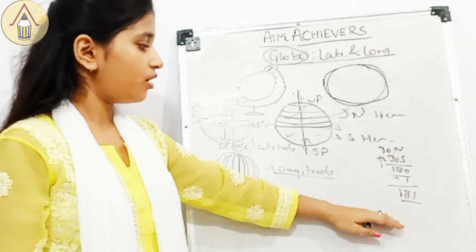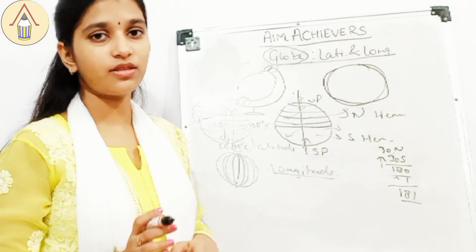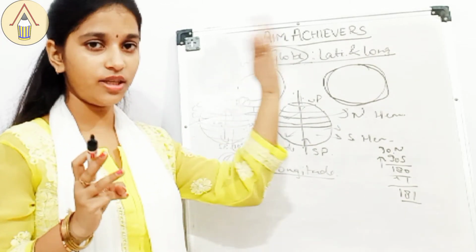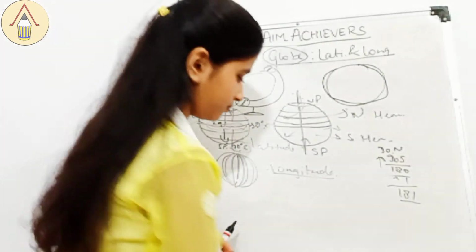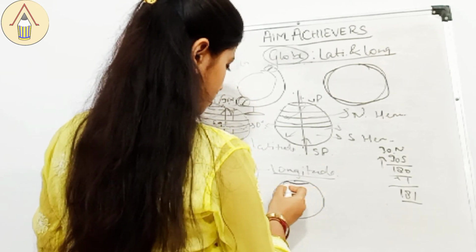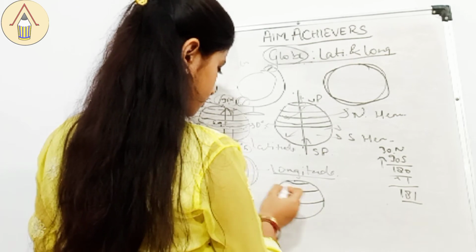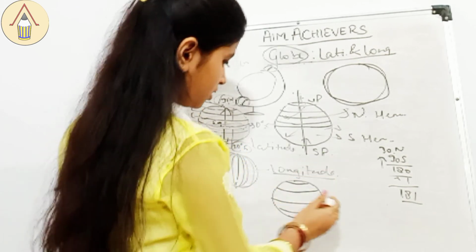Okay. Talking about the important latitudes. Every latitude is not important, but 3 latitudes, each on the northern and southern hemisphere, are important. So first comes the equator. Okay.